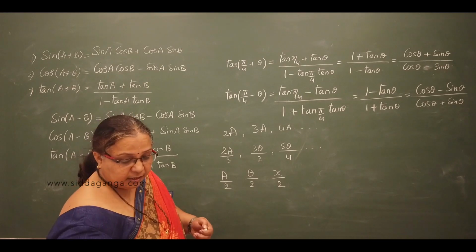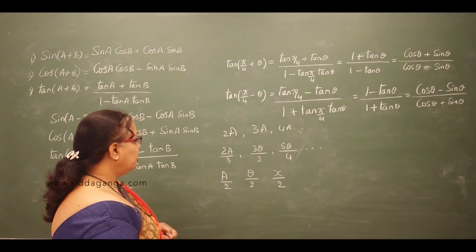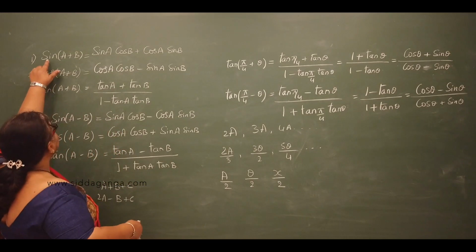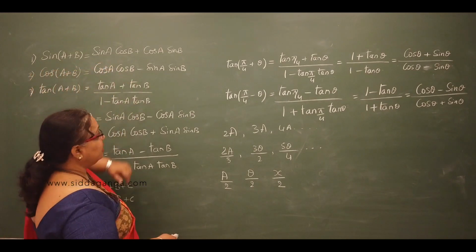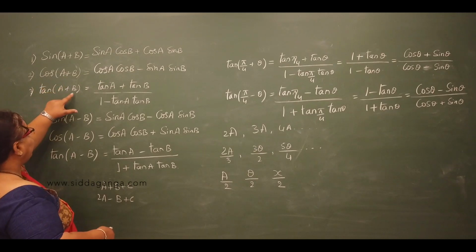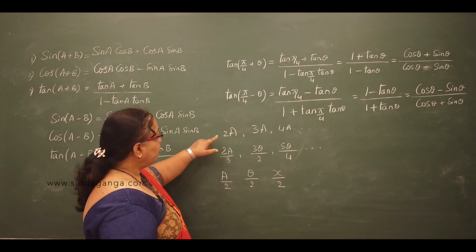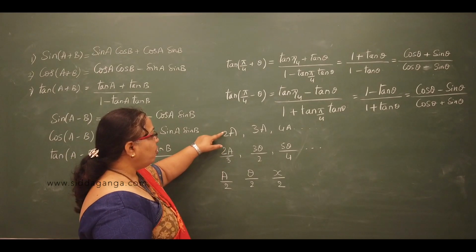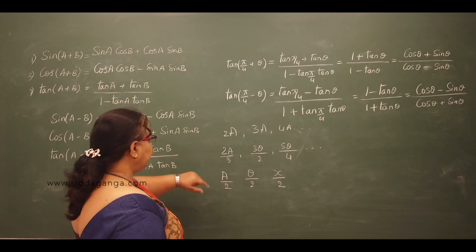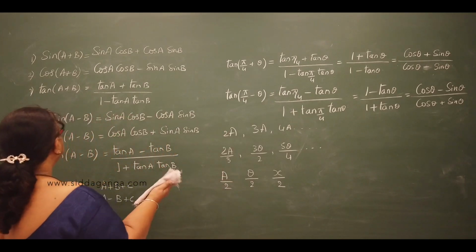So here, the 2A formula, that is sine 2A. With the help of the compound angle formulas, sine of A plus B, cos of A plus B and tan of A plus B, we can reduce the results of the multiple angle 2A formula with the ratios. The next one is the multiple angle 2A result.